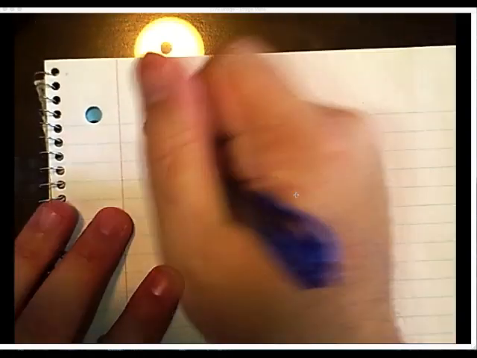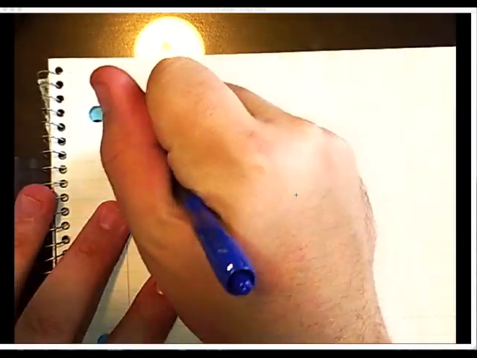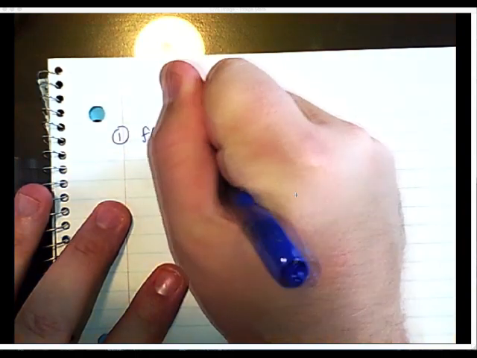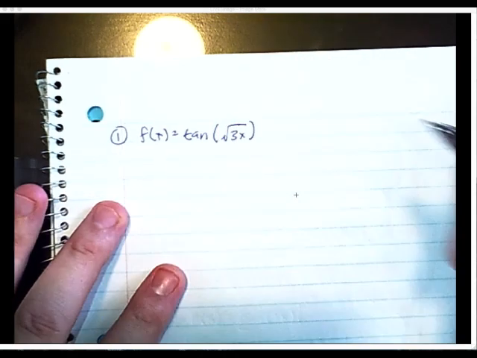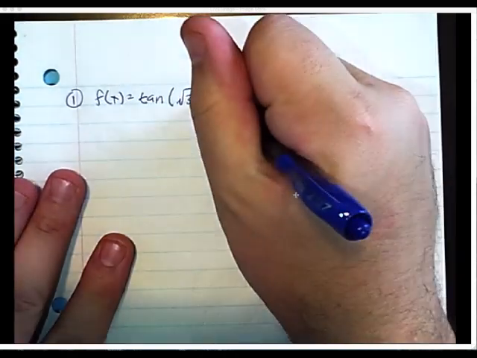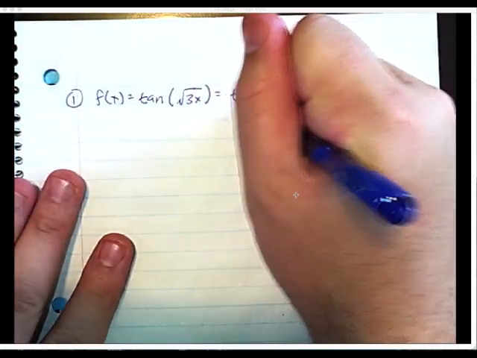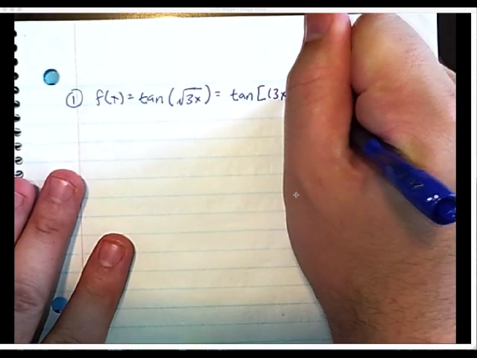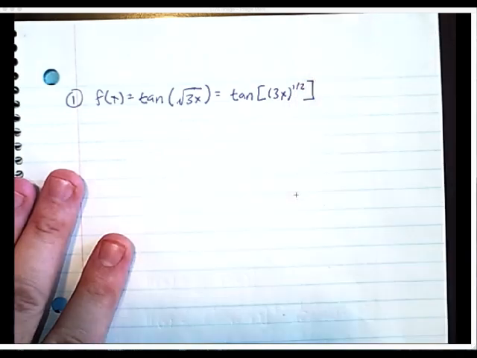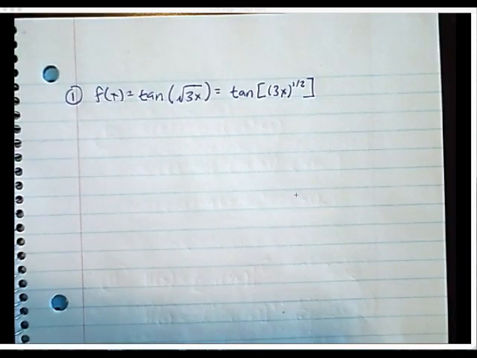So here it says f of x equals the tangent of the square root of 3x. I'm going to write this a little bit easier. This is like saying tangent of 3x raised to the 1/2 power. The entire 3x is getting raised to the 1/2 power because the entire 3x is in the radical.